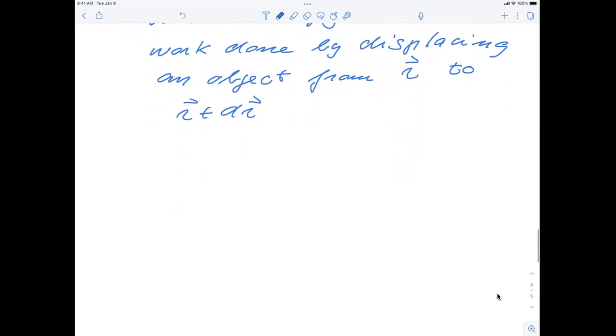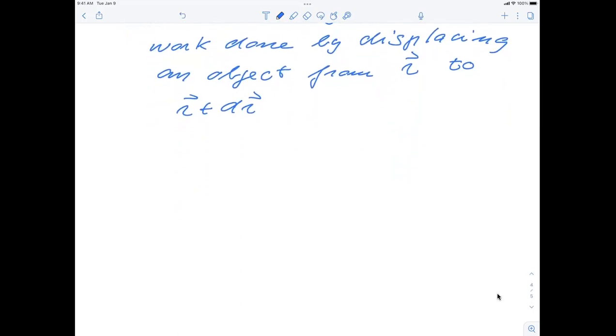And we know that by definition, this is now given by, so this small displacement, if we just bring back what we defined here. So let's just write this down, the work done by going from R to R plus d of R. This is something which we defined in terms of an integral, or rather this is the force acting on a small displacement. So it's F of R multiplied with this small displacement here.